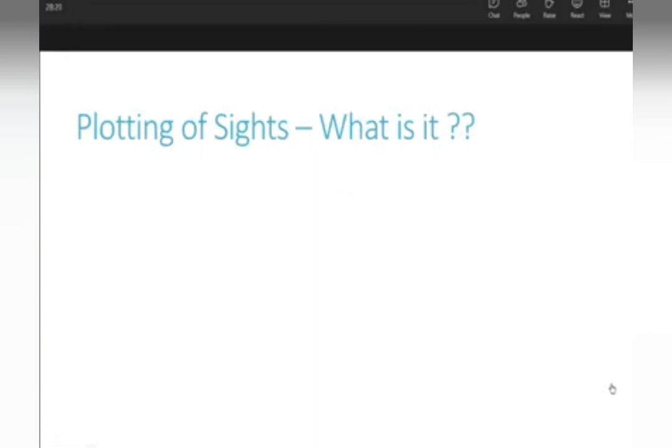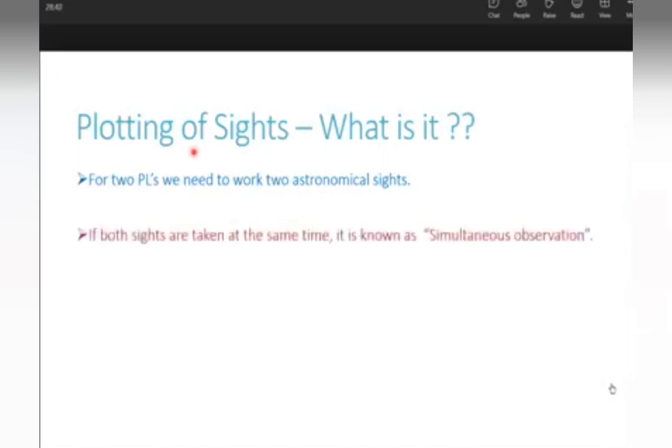Now for obtaining 2 position lines, we need to work at least 2 astronomical sites. One observation gives us 1 PL, the second observation gives us the second position line, and once we have these 2 PLs, we can plot them on the chart or on our plot, and wherever these 2 lines intersect will be the position of the ship.